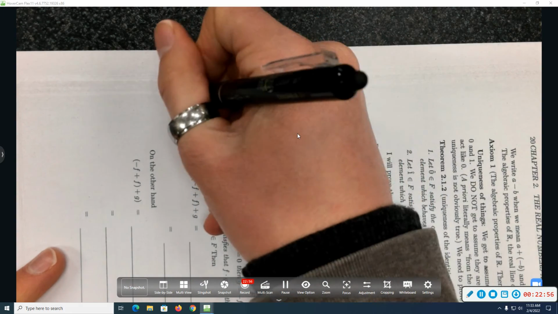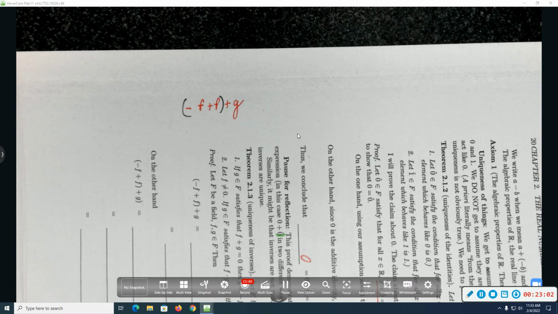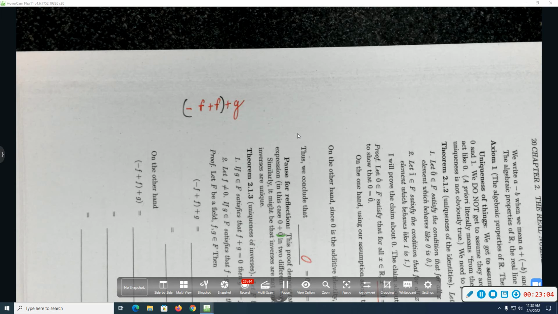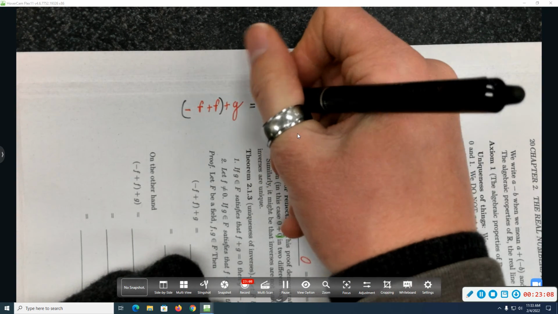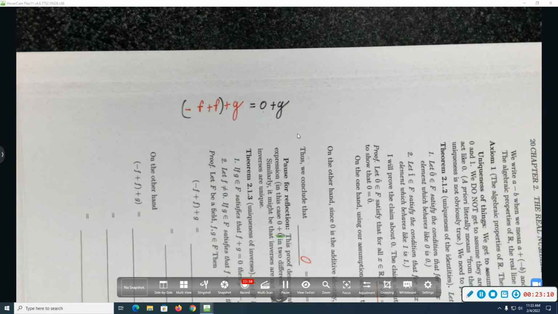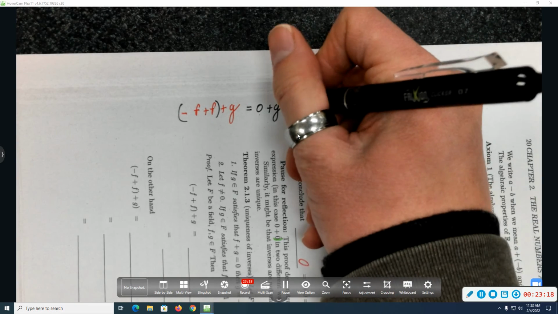What can you tell me about minus f plus g? What should that be equal to? 0 plus g, because minus f plus f is 0. All right. But what's 0 plus g? g. Groovy.